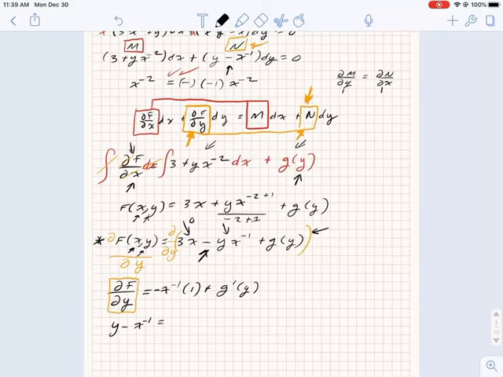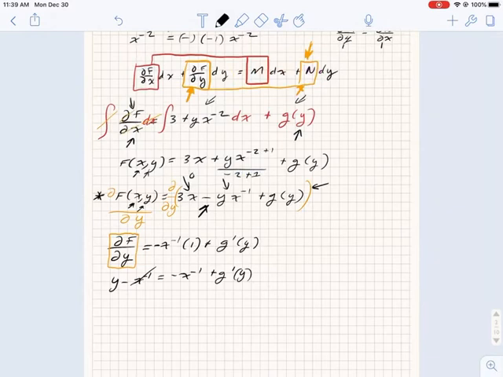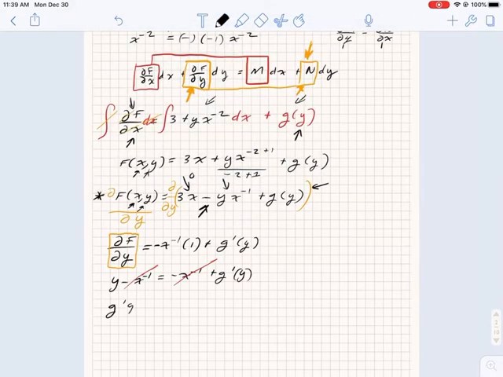So y minus x to the negative 1 is equal to, which is our n, negative x to the minus 1 plus g prime of y. Now we notice that these will cancel, and our g prime of y function will be equal to just y.